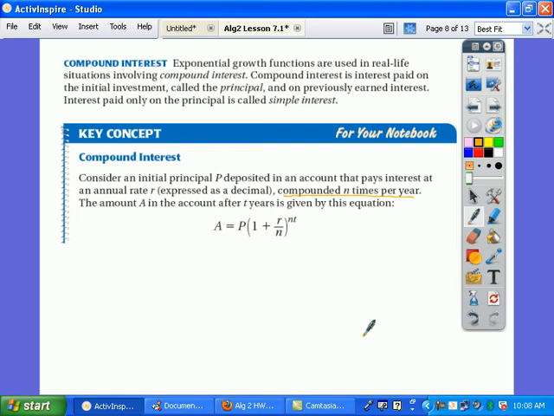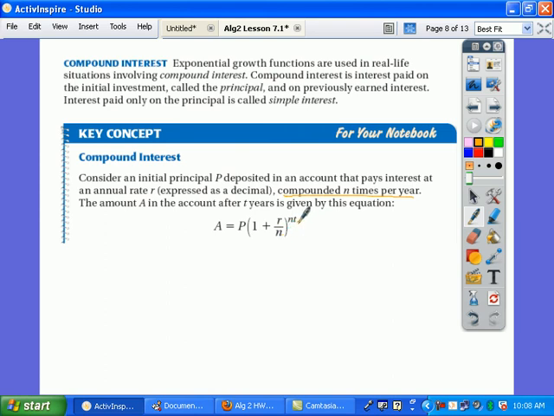And so to accommodate that, we have P. This is our initial amount, but in finance we call that a principal. We get 1 plus the rate, but here we also divide the rate by the number of periods we're compounding by. And then we take that all to the n times t power, where t is still time, and n again is the number of periods that we're compounded by.